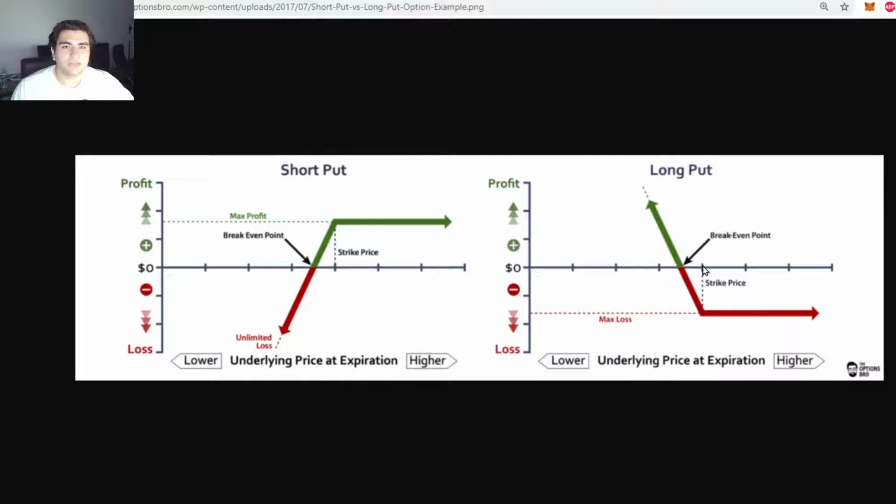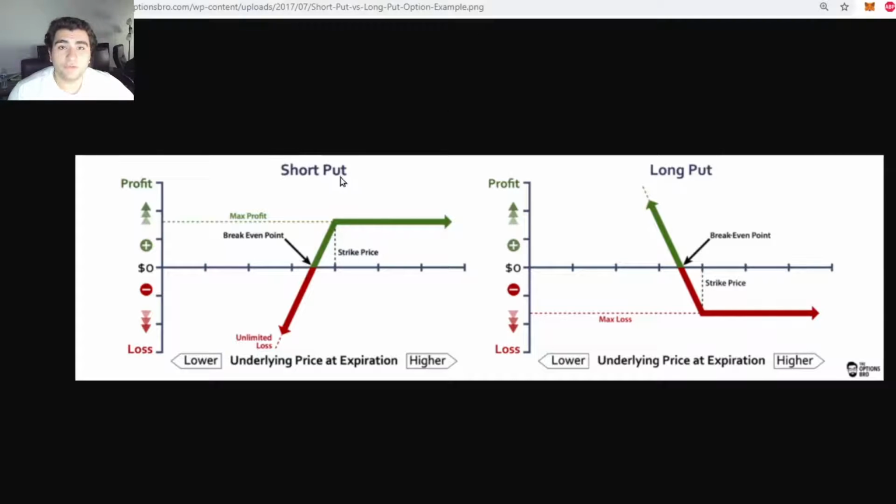But since we said it was $2 in the money, your profit would be $1 per contract or $100 if you chose to sell that option. It is important to note with the profit potential of a long put, the most that you can make is the distance between the strike and zero, because stocks can only go to zero.